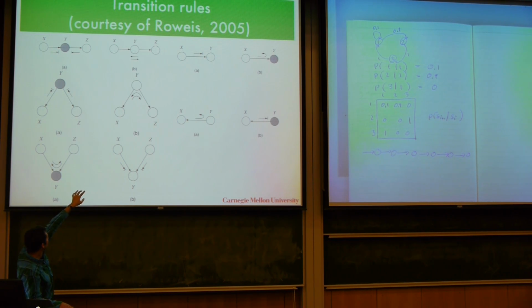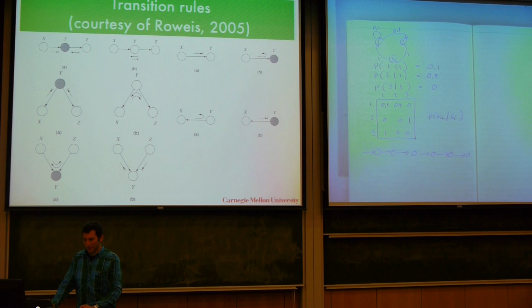Not observing the common cause, of course, means that they're dependent. And then here, observing the common outcome makes things dependent, whereas not observing the common outcome just means they're independent. So that's exactly the three transition rules that we had before.